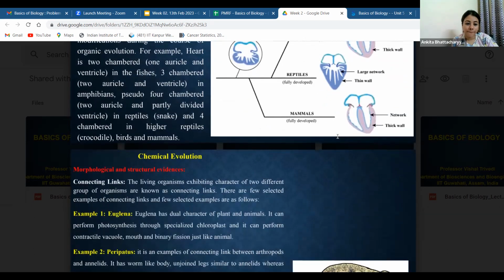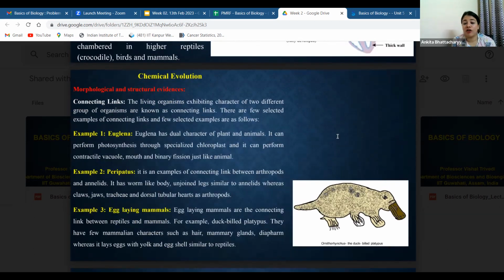Then came the idea of connecting links. We had Euglena, Peripatus, we had these examples. Euglena had plants and animals. Peripatus was arthropoda and annelida, which was one of the questions we saw. If you want, try to go through images of these as well.